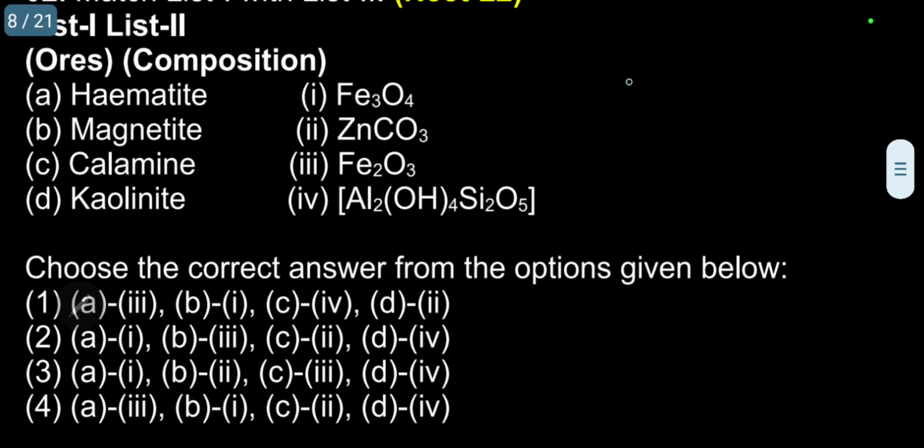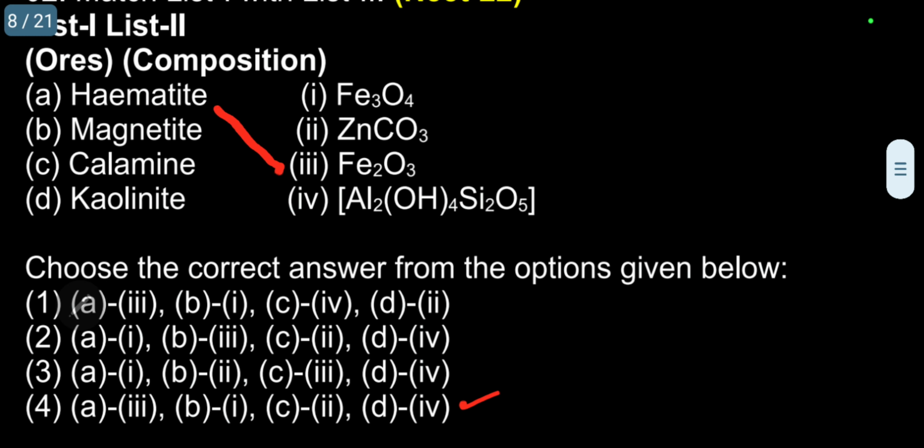The interesting information is that you have to memorize the important names. The idea here is that a probable answer may be 4. How am I suggesting 4? Because hematite, very easily we can understand, is iron ore.